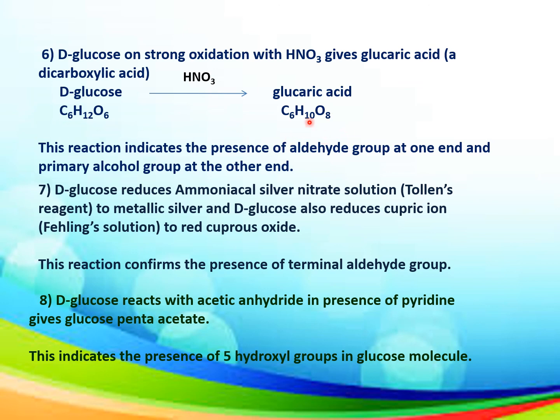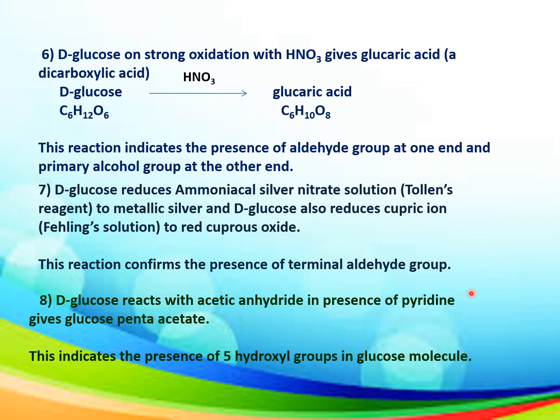So the last carbon atom may contain the primary alcohol group CH2OH, which is converted to COOH on oxidation with nitric acid. Next, D-glucose reduces ammoniacal silver nitrate, Tollens reagent, and cupric ion in Fehling's solution to metallic silver and red cuprous oxide respectively. This reaction confirms the presence of a terminal aldehyde group.